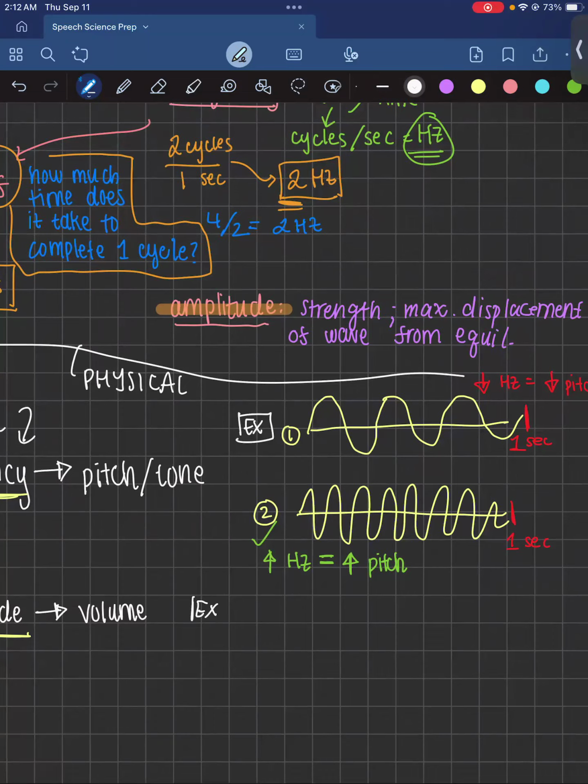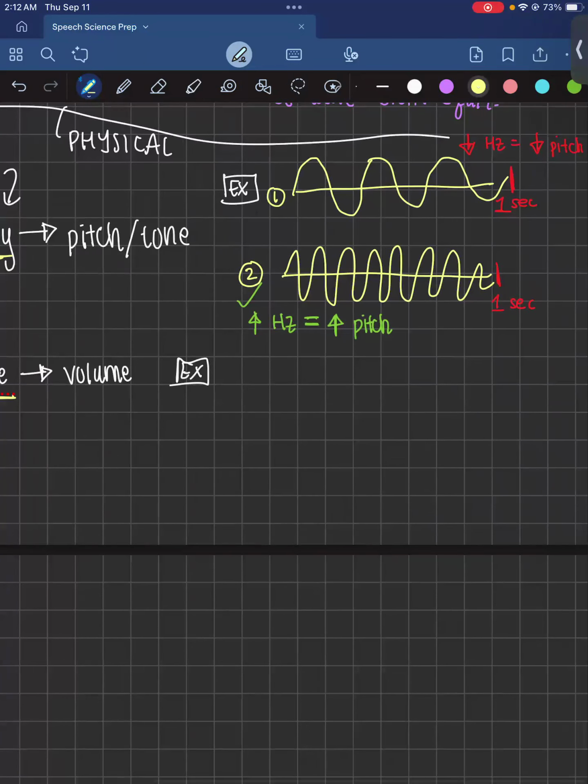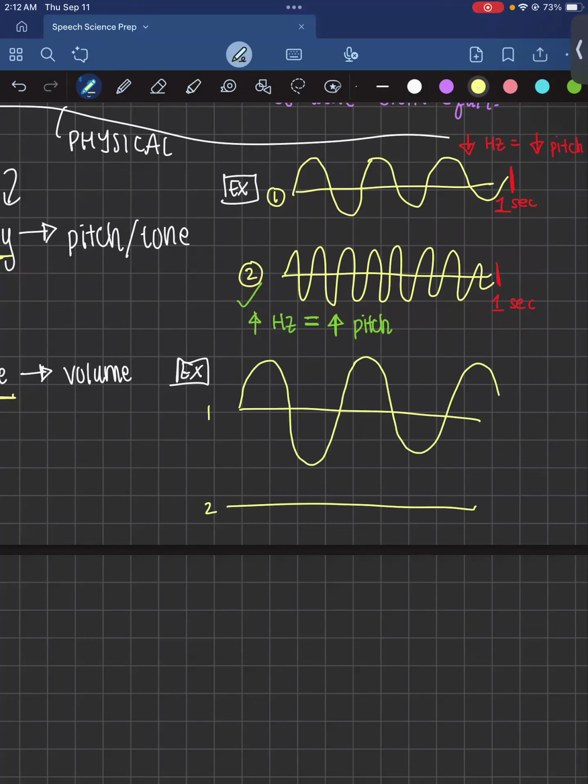Let's go ahead and make another example here, where once again, I'm going to be comparing two waves. This wave looks like this, and this wave looks like this. This is a really extreme example.